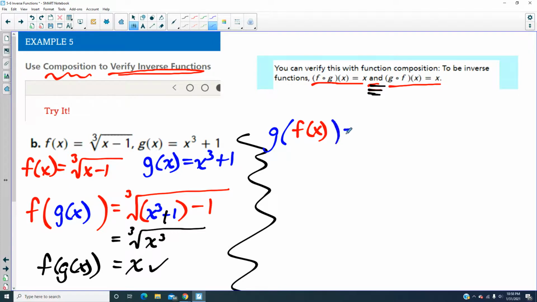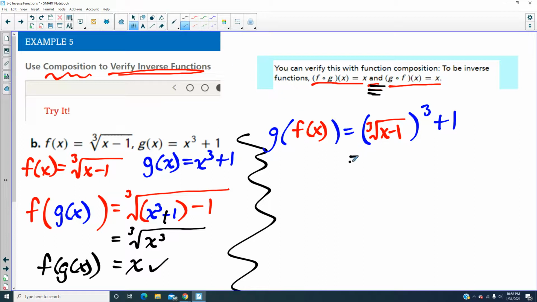Which means I'm going to take my g function, copy it down, but instead of x, I put parentheses, and then instead of the x, I replace it with f. So the cubed root of x minus 1. Then I'm going to simplify everything.